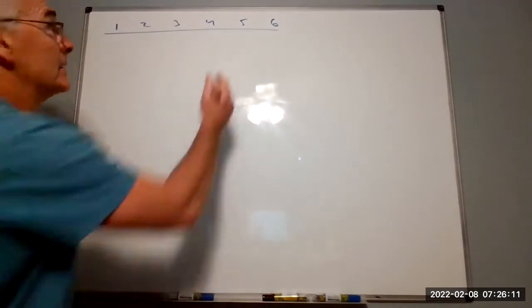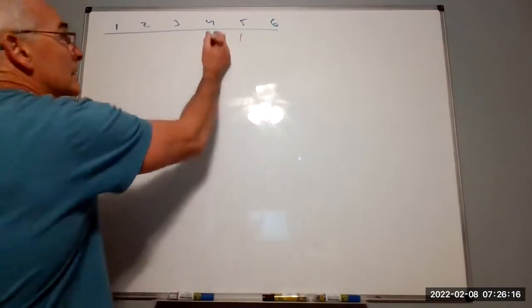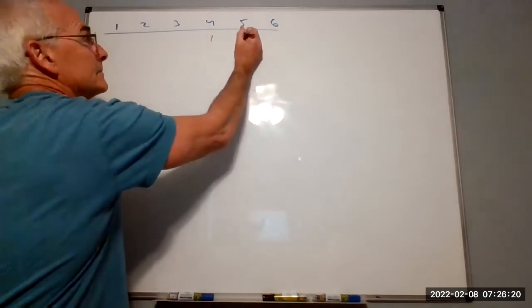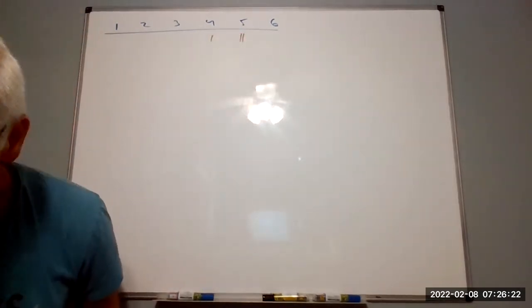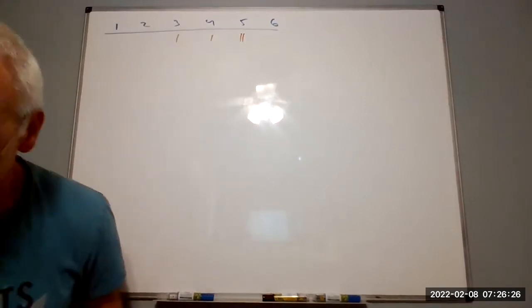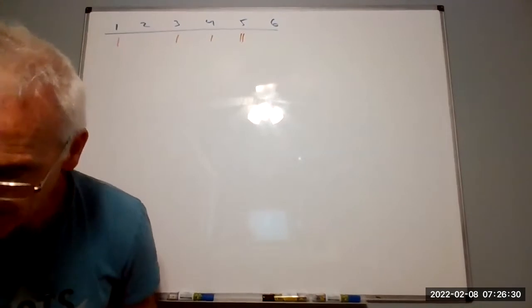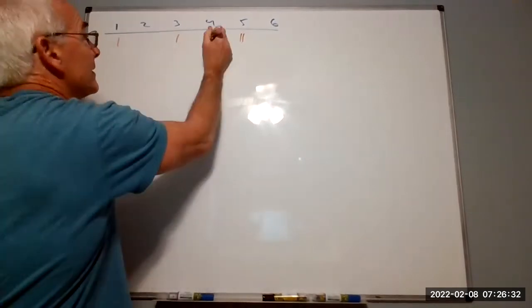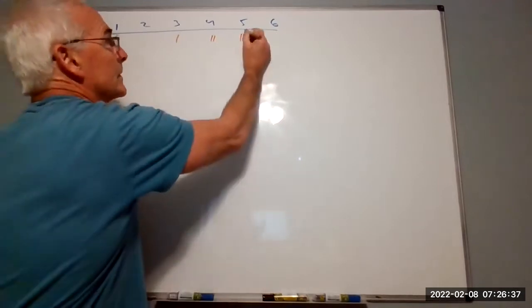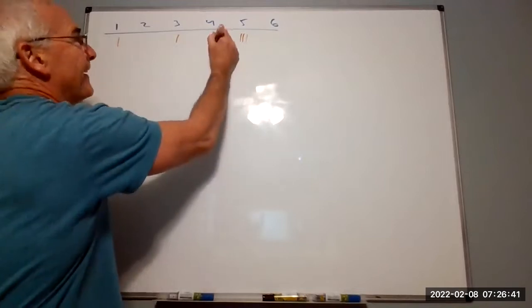5, 4, 5, 3, 1. So you can hear my die hitting the table here. 4, 5, 4.